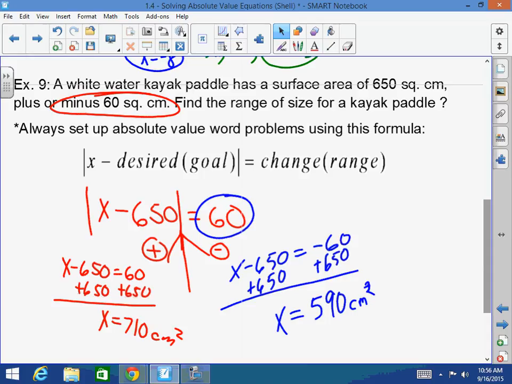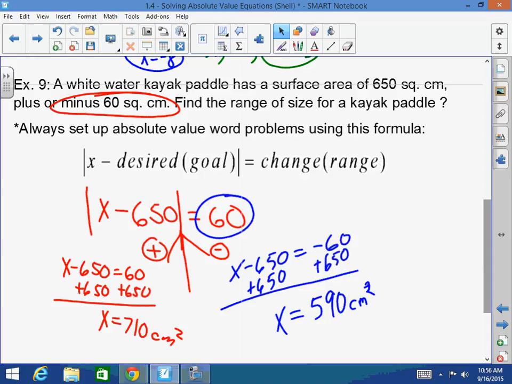So what does that mean? That means that on any given day, if we go buy a kayak paddle, which you guys may not care about, but I love it, I can expect my paddle to be between 710 square centimeters all the way to 590 square centimeters.